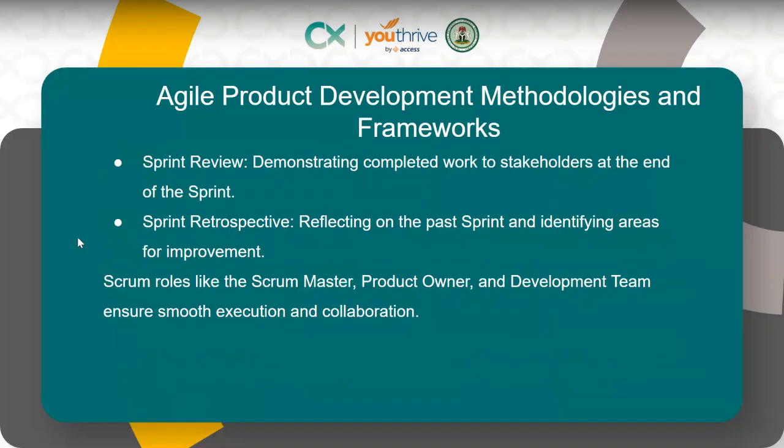So Scrum roles include Scrum Master, Product Owner, and Development Team, to ensure smooth execution and collaboration of that product development. All right. So we're going to look at what Scrum Master and Product Owner mean later in this lesson.